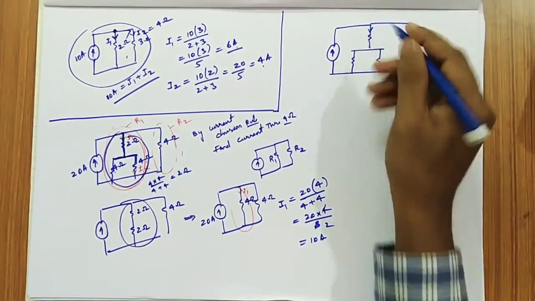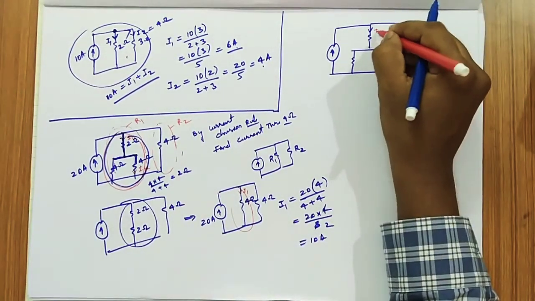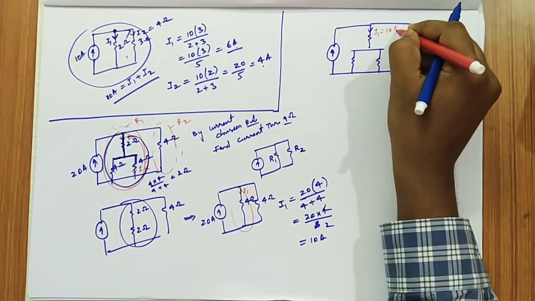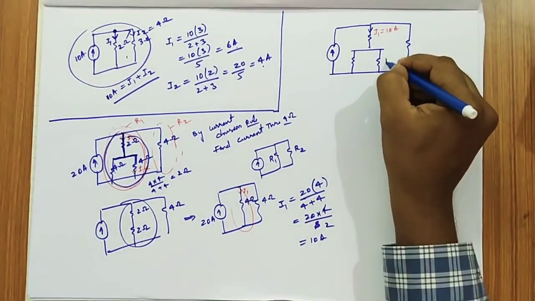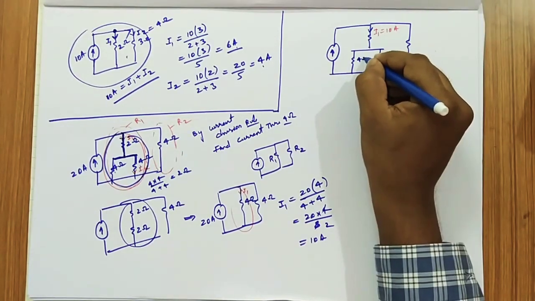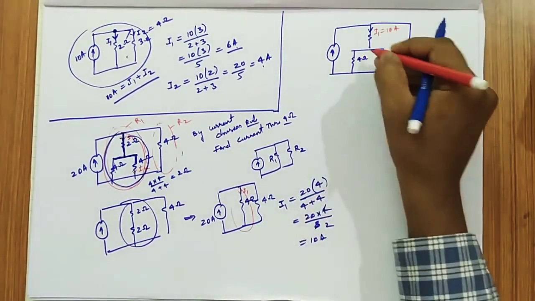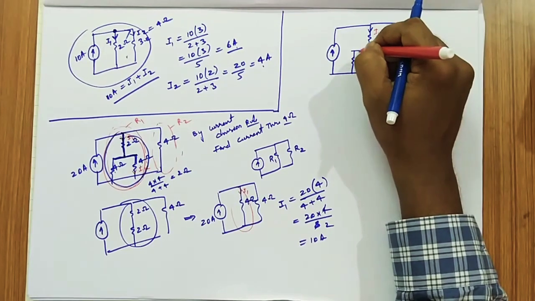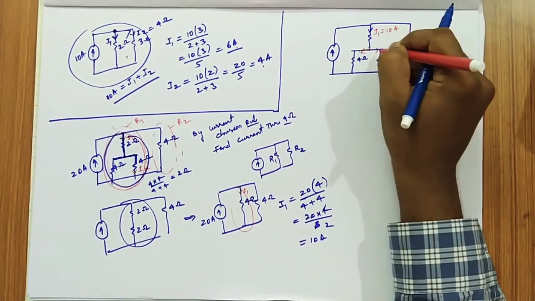So you got I1 equal to 10 amps. This 10 amps again will divide into two branches, like this.